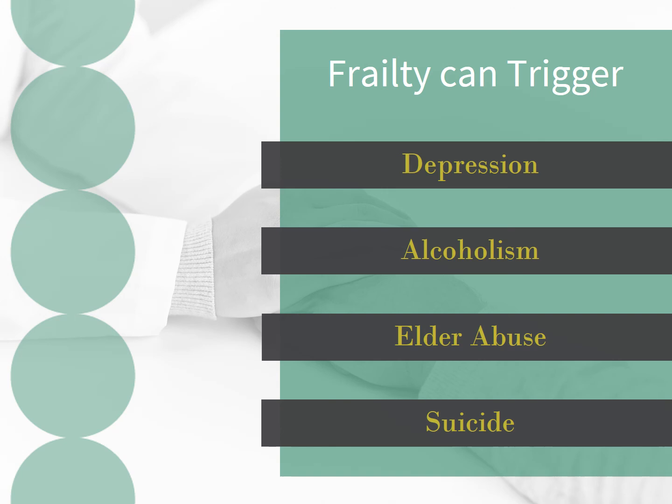Elder abuse is becoming an increasing problem, as you have adult caregivers who are responsible for caring for elder parents who get really frustrated and angry at the stress and the pressure of being between two groups of responsibilities.